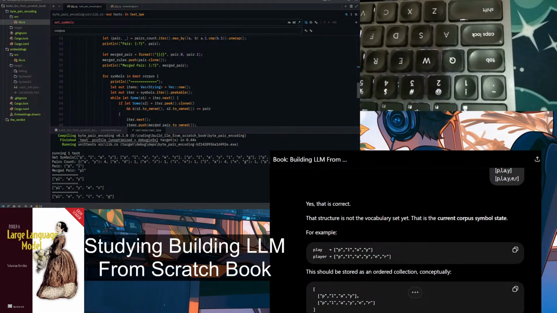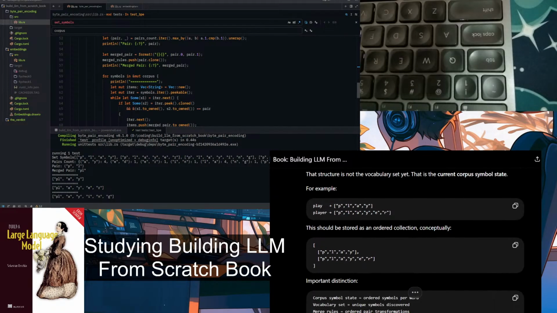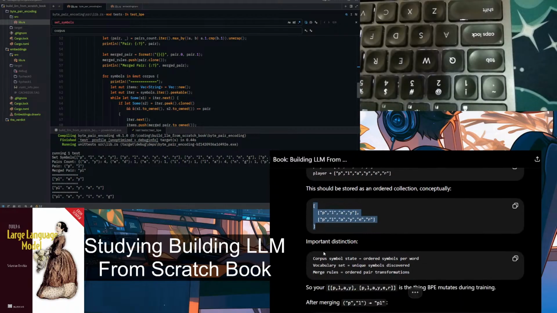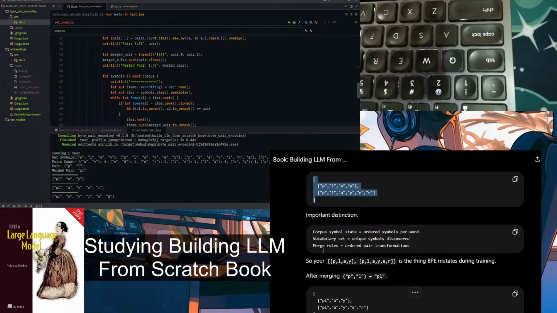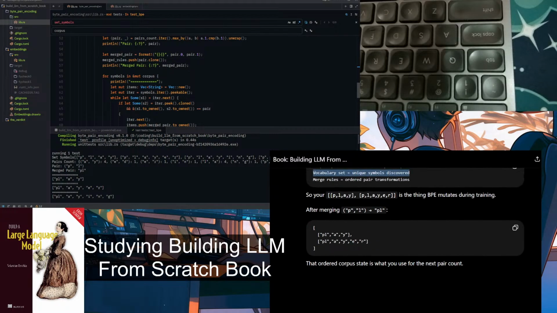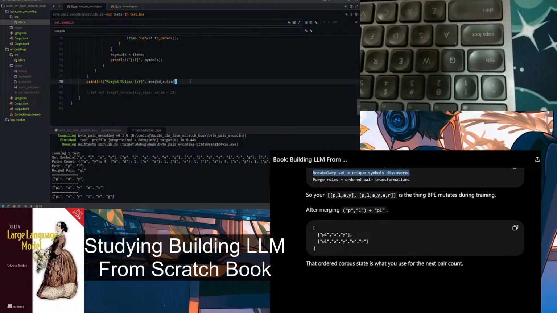Yeah, that is correct. The structure is not a vocabulary set yet. That is the current corpus symbol state. For example, this should be stored as an ordered collection. Yeah, tama. Okay, so I'm correct pa rin pala. And corpus state, then vocabulary, unique symbols discovered. Oh, okay. So, gagawan ko siya ng unique symbols dito. Okay.